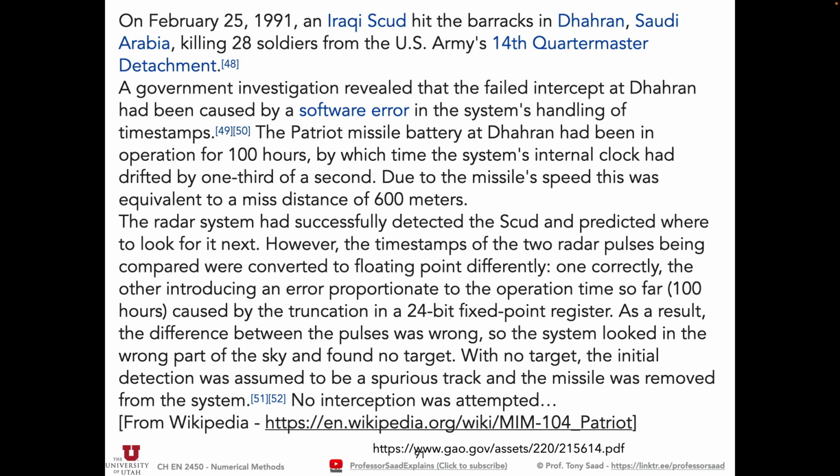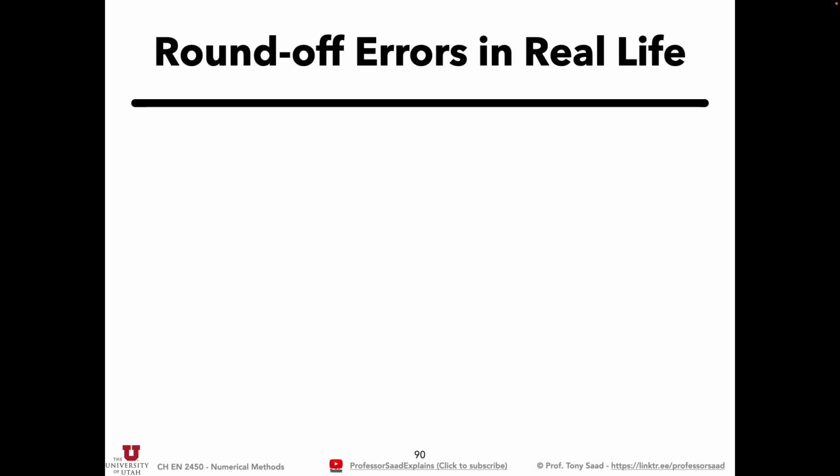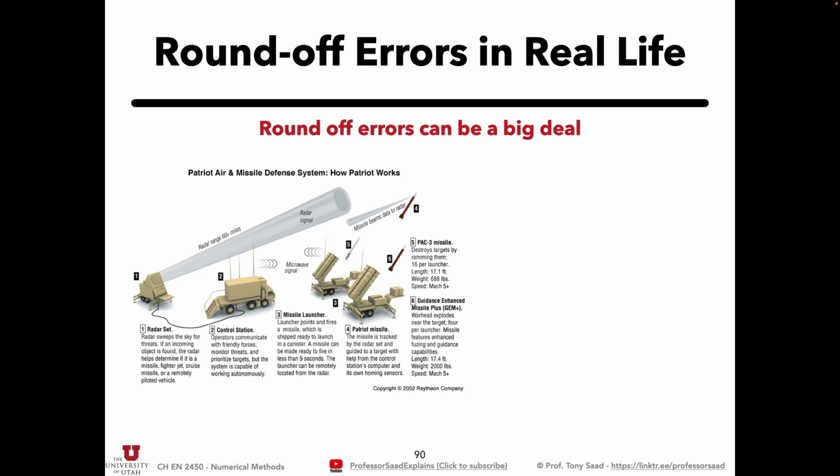The Patriot missile system is a defense system that consists of defensive rockets with a radar, or multiple radars, constantly scanning the sky for potential missiles that are trying to target the military base or a civilian installation.